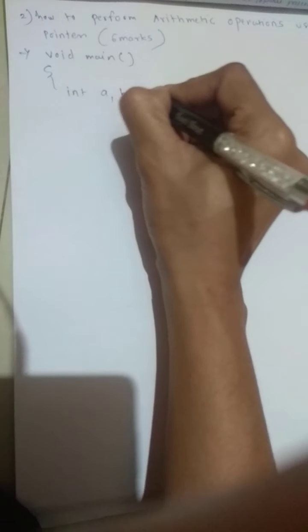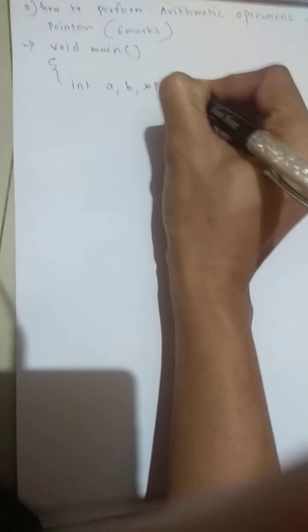Void main. Here we perform 4 arithmetic operations, that is addition, subtraction, multiplication and division. Integer a, b, pointer p1, pointer p2.